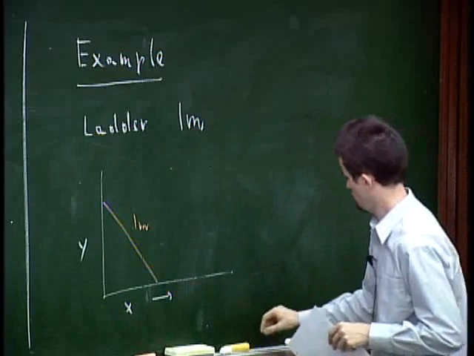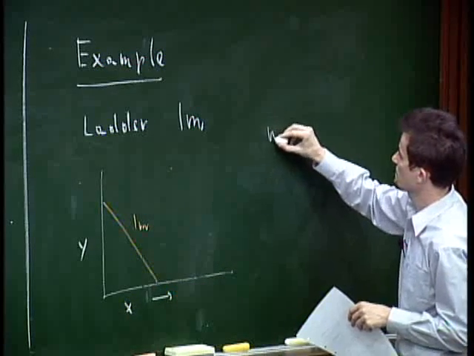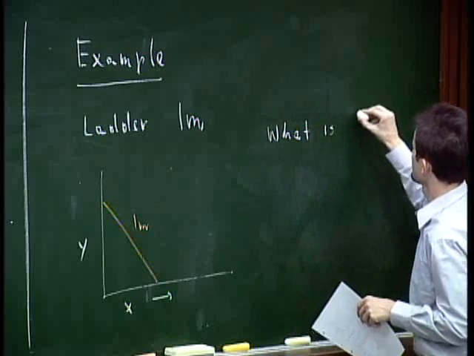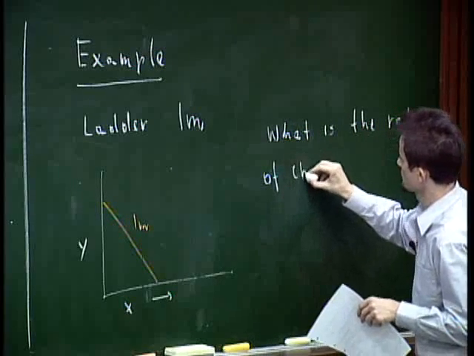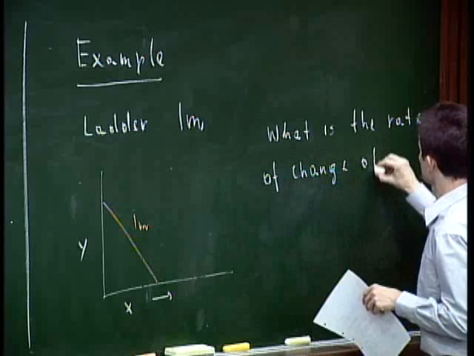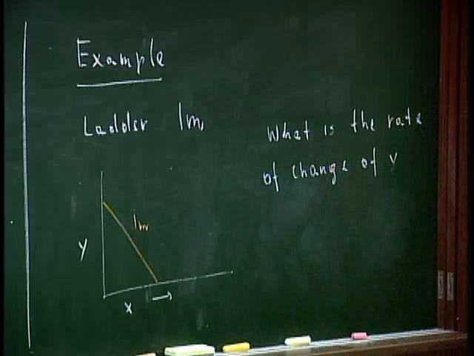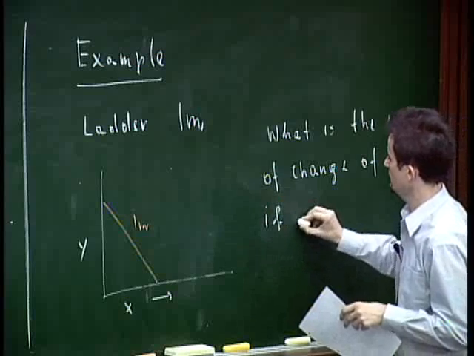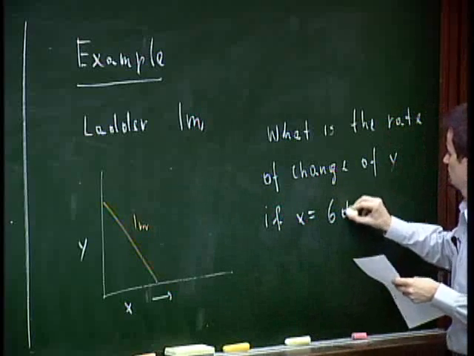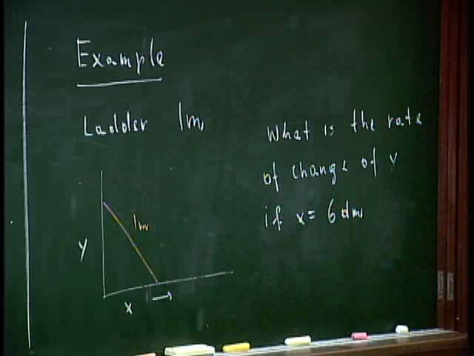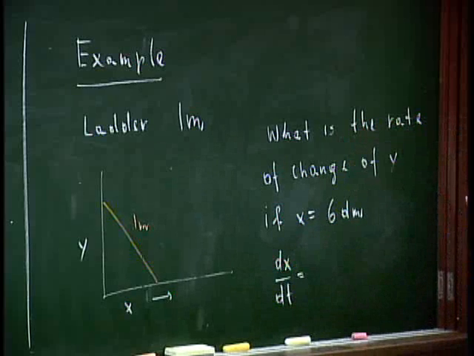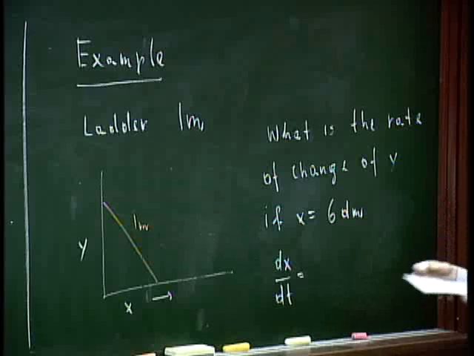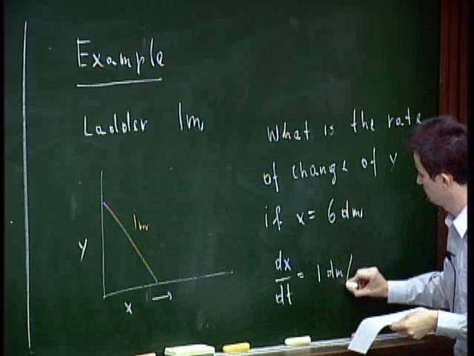So what is the rate of change of y if x is equal to 6 decimeters? And what we have given is dx over dt, which is 1 decimeter per second.